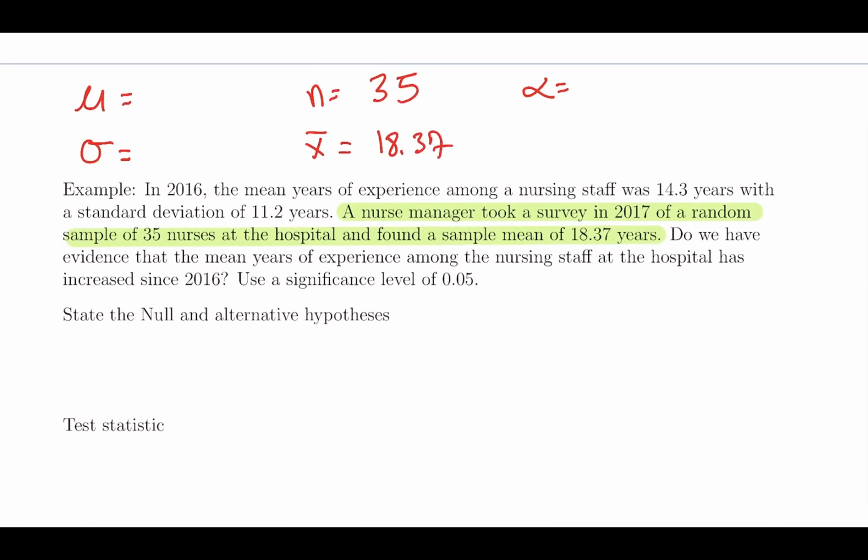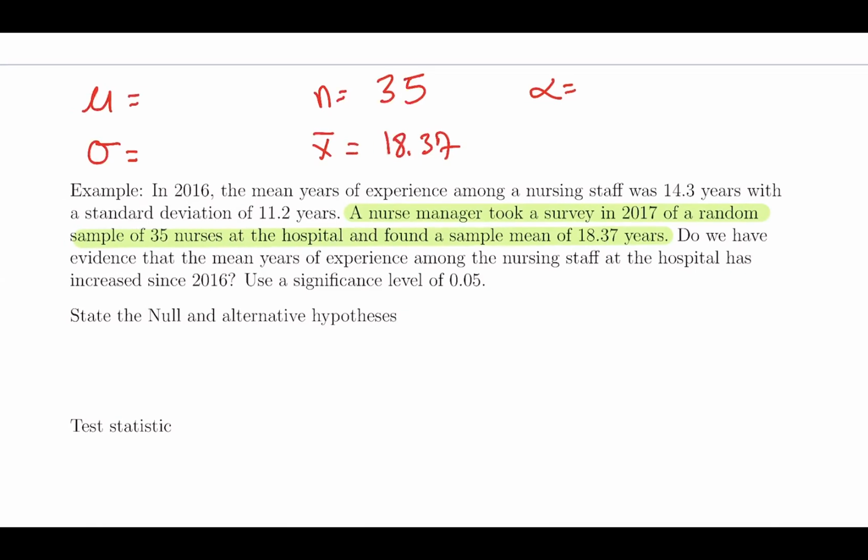All right. So let's go ahead and look at the 14.3. What do they tell me? What is the 14.3? The mu? No. Well, if you look at it, 14.3 is the mean.